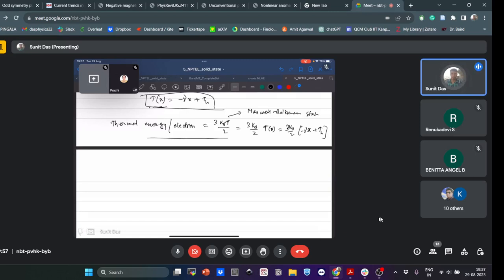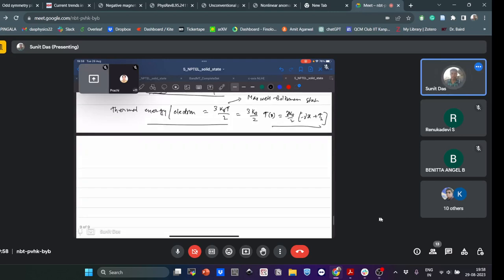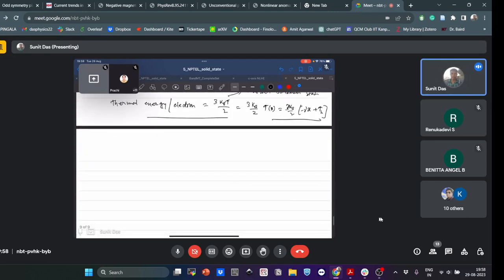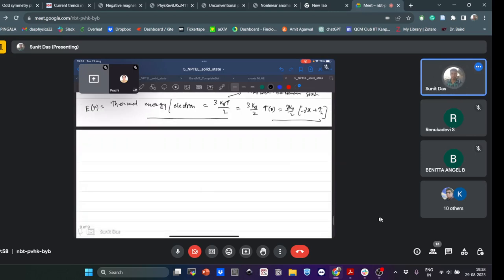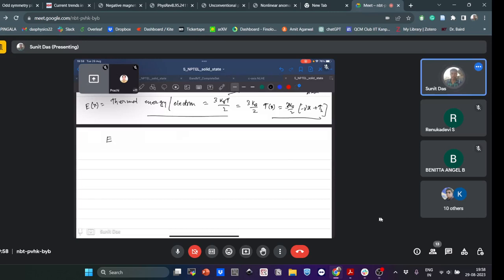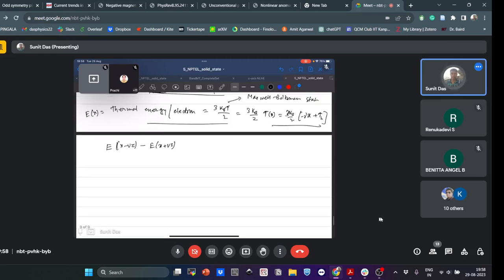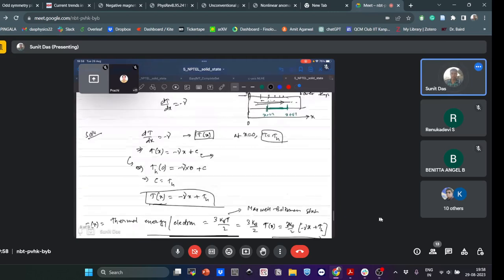So this is the thermal energy per electron at position x. We need to find the thermal energy per electron at position x minus v tau minus E of x plus v tau. That was our primary goal, right? So the thermal energy difference between these two points.